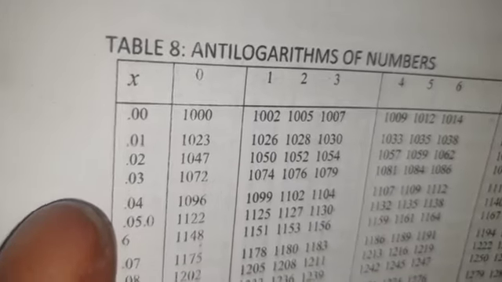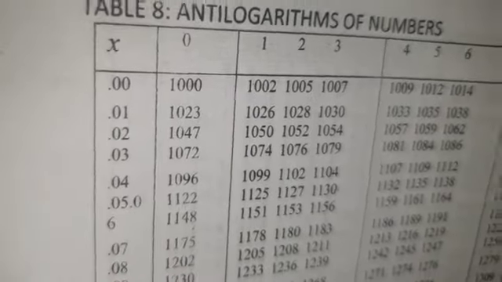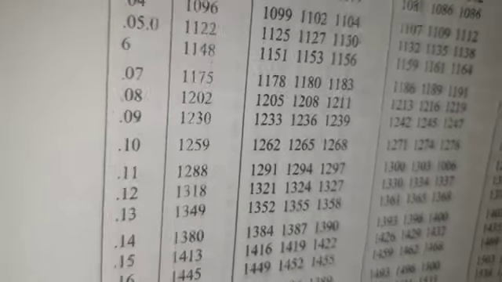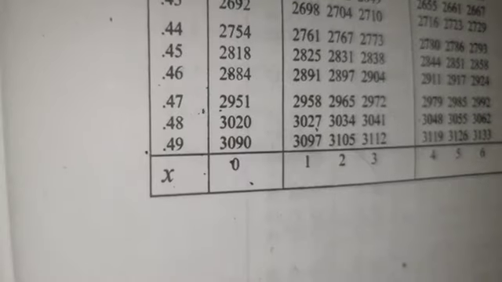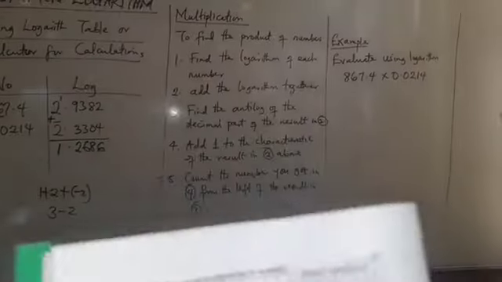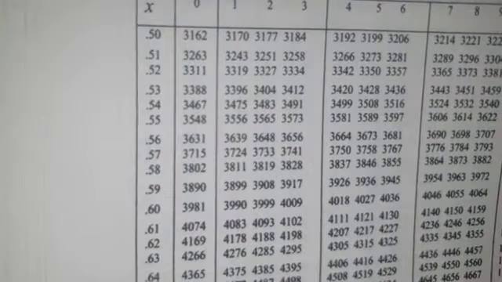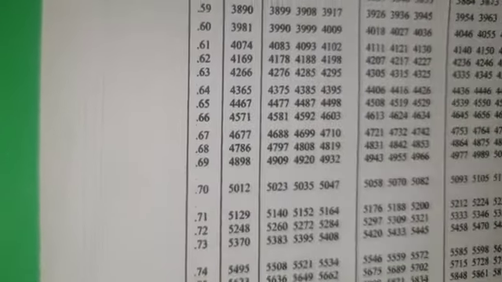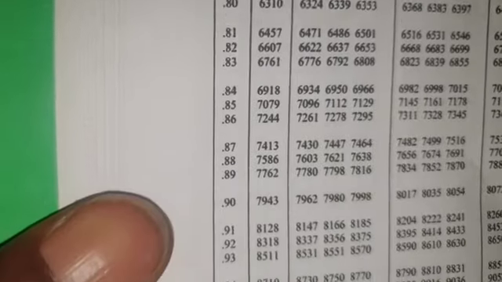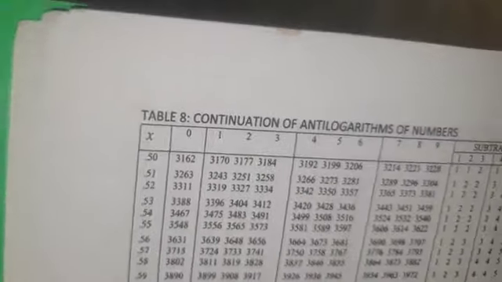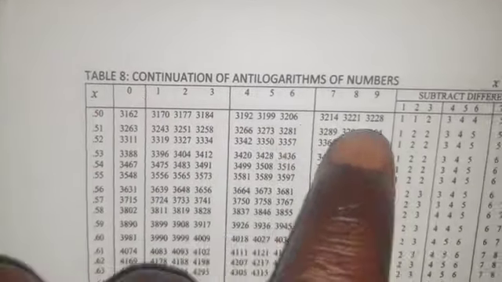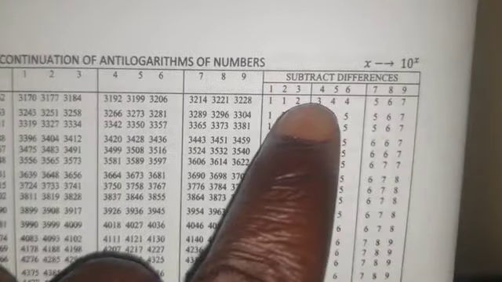You see 0.00, 0.01, 0.02, and it continues like that, 0.49. And if you turn it to the other side, continuation of it, you can see 0.50, 0.51 until you get to 0.99. But we have the same thing at the top here, 0 to 9. Then we have differences.